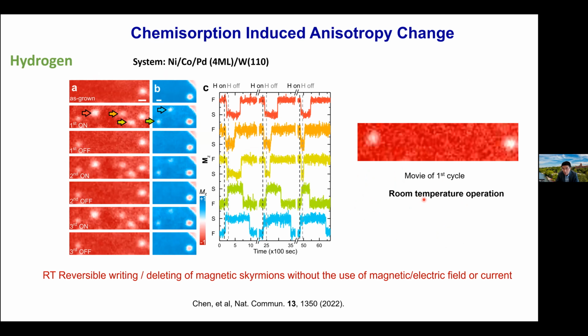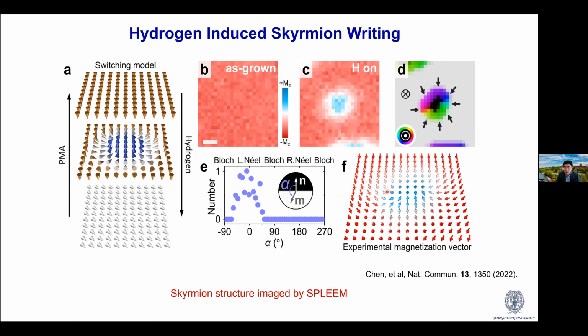These are magnetic skyrmions. This is the experimentally determined magnetization vector array plot. This is a Néel skyrmion with the moment pointing up in the middle and pointing down on the outer perimeter, and in between you form this winding configuration. This is also confirmed by this histogram.